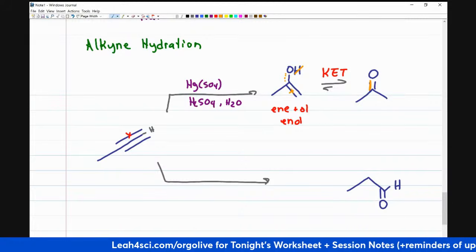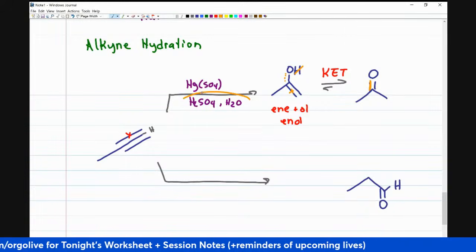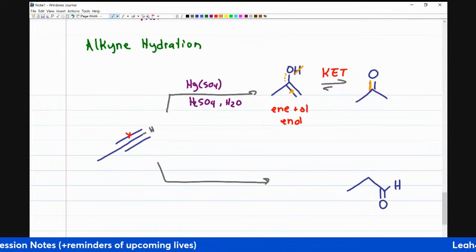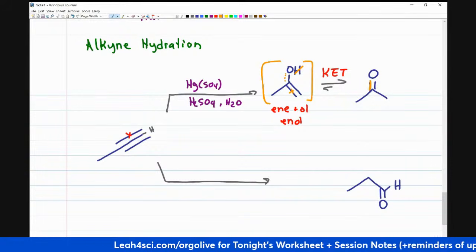Keto-enol tautomerization can happen in acid or in base. And in this case, because I'm already in acidic conditions, I don't have to show anything. I don't have to add any reagents. In fact, I cannot isolate the enol because it will automatically just go straight forward all the way through.